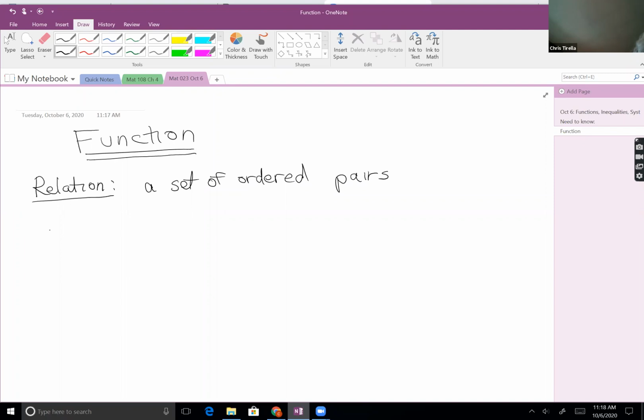I could, for example, look at a set of ordered pairs where I have names. I could have, let's say, Smith, John, Doe, Jane.